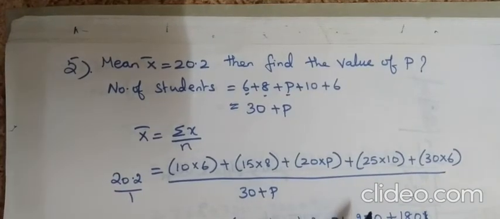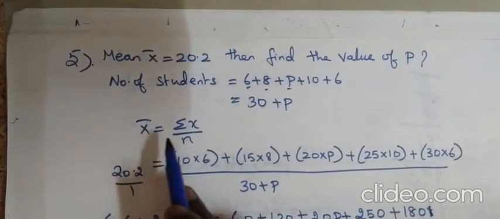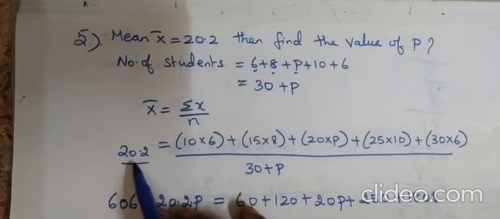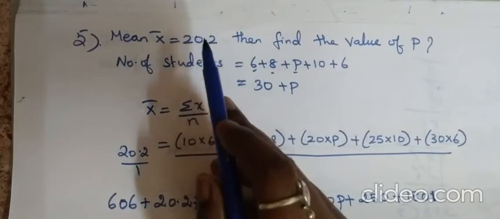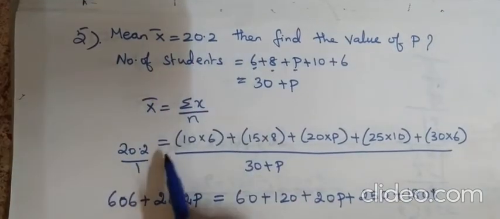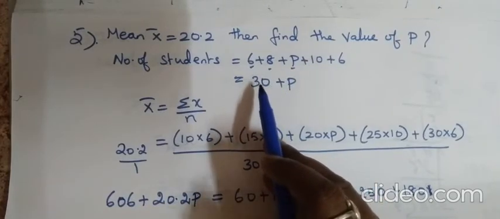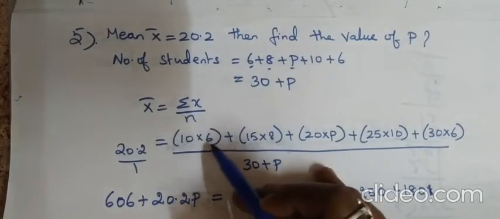Now we are going to do the same formula. X bar is equal to summation x by n. Instead of x bar we have the value 20.2 is equal to, so 6 students got 10 marks, right? 10 into 6.